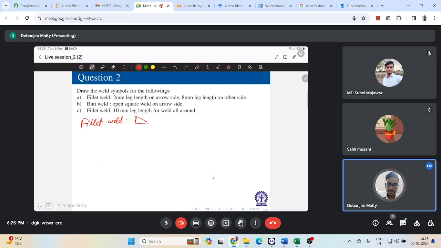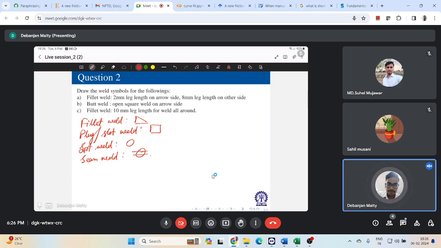The symbol will be something like this. Then we have this plug or slot weld, where the weld symbol will be a simple rectangle. For spot weld, the welding symbol will be a circle, and for seam weld, this will be a circle with two parallel lines. So that's how it will be identified, right?